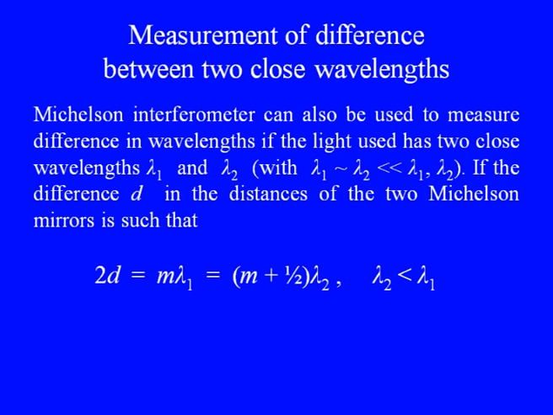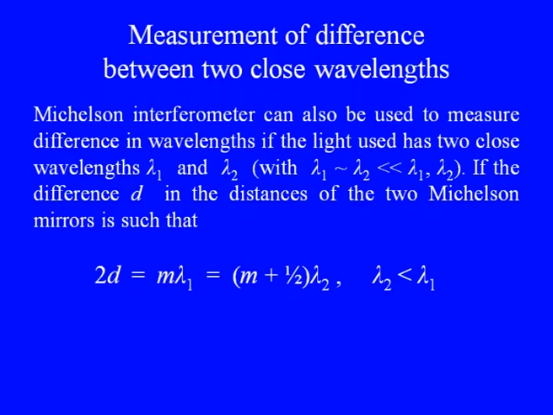This is the measurement of the difference between two close wavelengths. It can also be used to measure the difference in wavelengths if the light used has two close wavelengths, lambda 1 and lambda 2, with the difference being very, very small compared to the individual wavelengths.